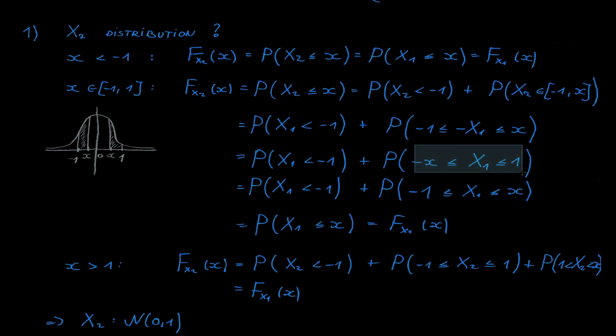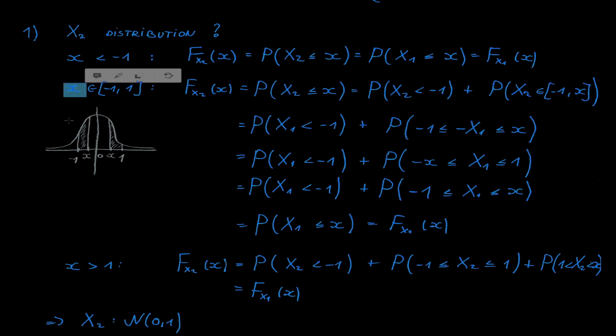So what does it mean? If x1 is between -x and 1, x can be any value from -1 to 1. Say that our x is negative, for example from -1 to 0. We can take any value just to see an example of how the symmetry works.